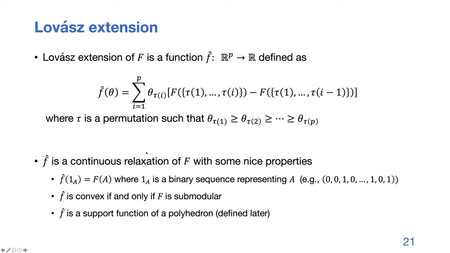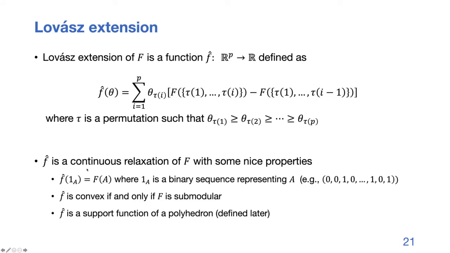For example, we can embed a subset of V into Euclidean space by considering a binary sequence, like for example 0, 0, 1, 0, 0, etc. And the value of the Lovász extension at the characteristic vector of A coincides with the value of the original submodular function.